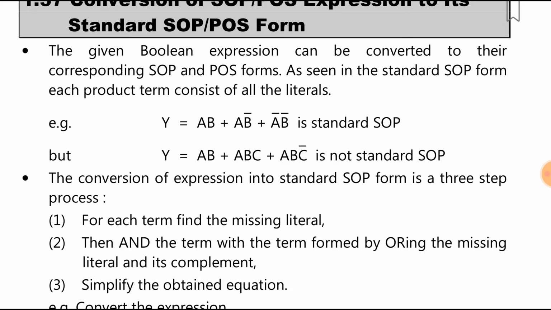So Y = AB + AB bar + A bar B bar is standard SOP, whereas Y = AB + ABC + ABC bar is not standard SOP. The conversion of an expression into standard SOP form is a three-step process. For each term find the missing literal, then AND the term with the term formed by ORing the missing literal and its complement. Simplify the obtained equation.